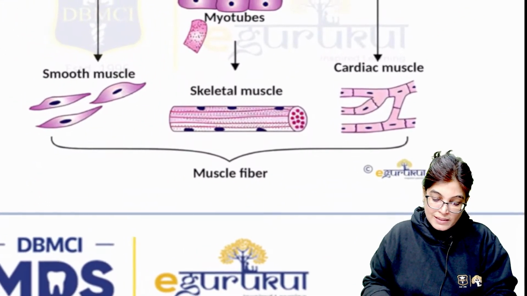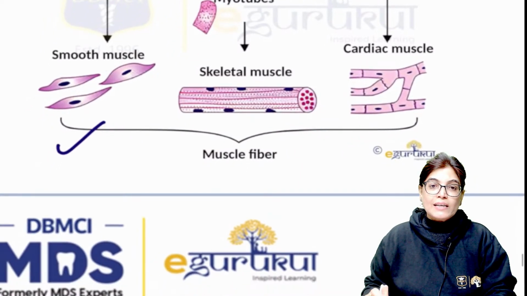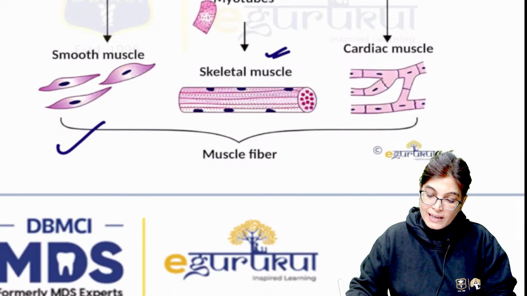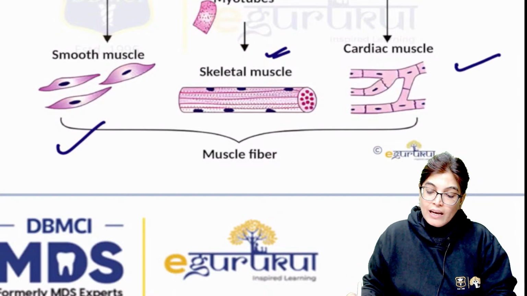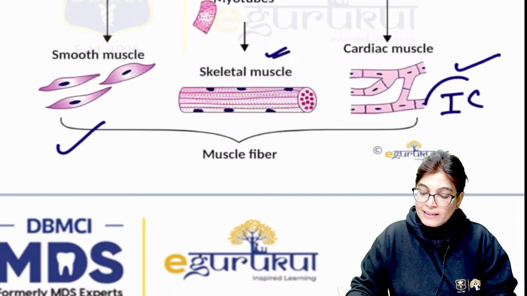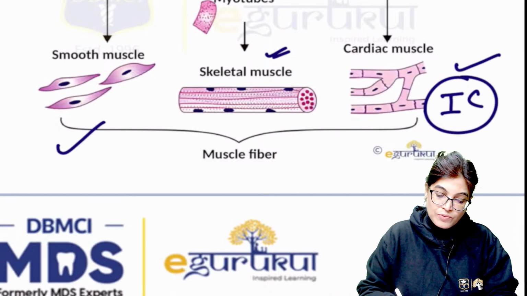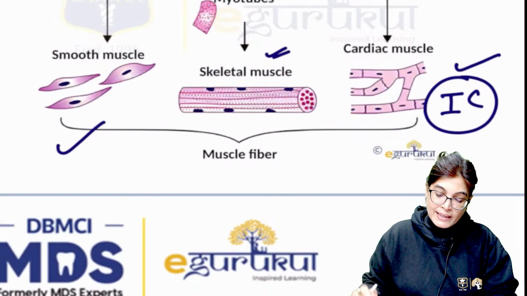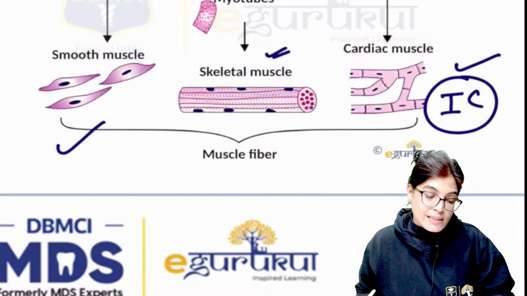Smooth muscle is spindle shaped, skeletal muscle is striated with multiple nuclei, and cardiac muscle is also striated but has intercalated discs and central nuclei, not in the periphery. In skeletal muscle, the nucleus is in the periphery.